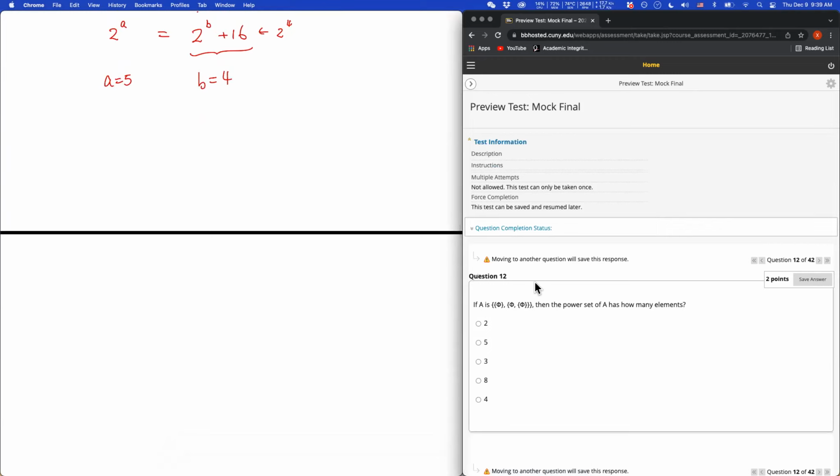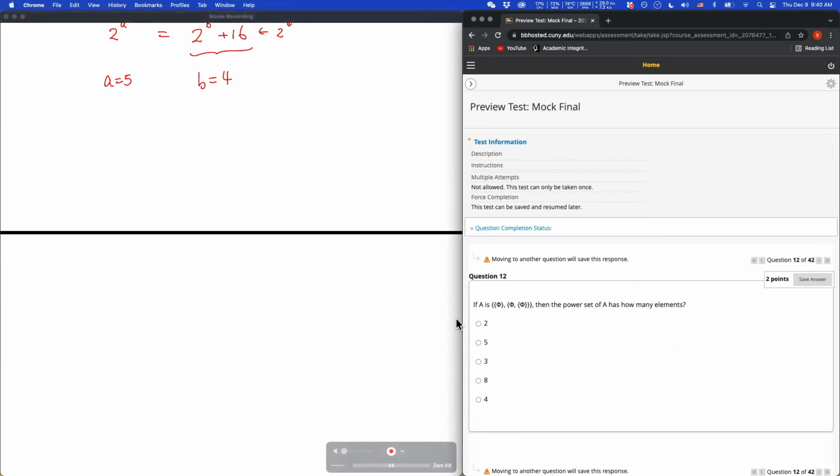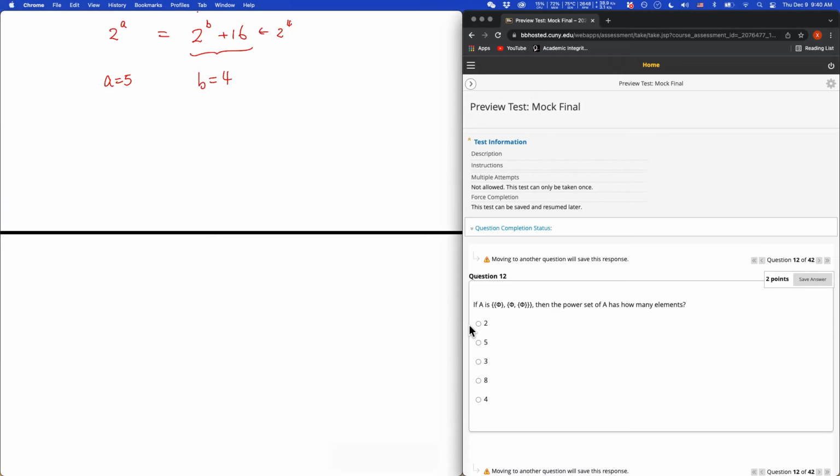Okay, now here it's asking how many elements are in the power set of A. Now if you look at A, if you count how many elements are in A, you have 1 element here, then you have 1 element here.